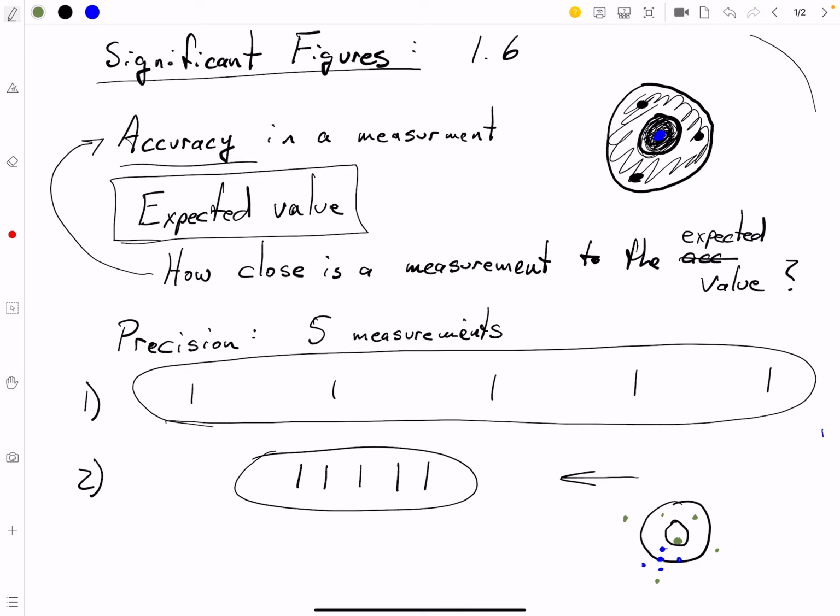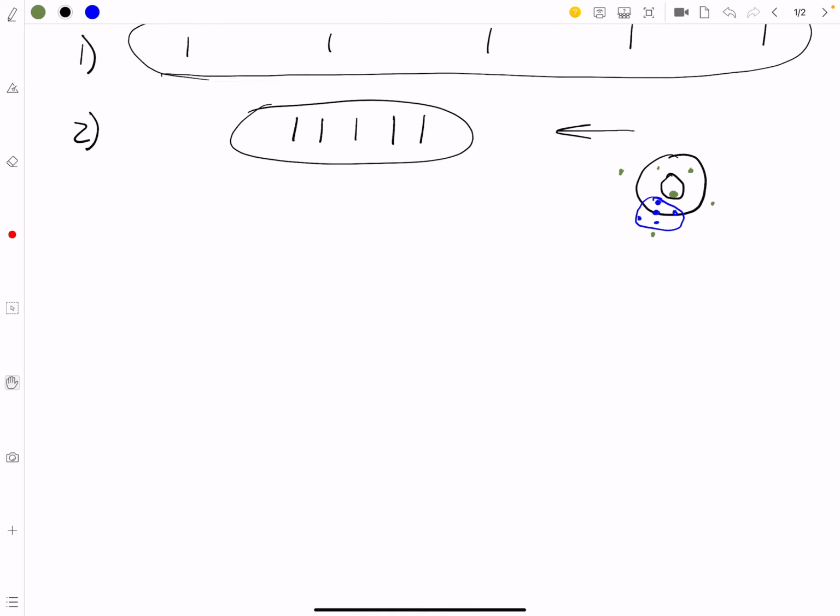And we know that this blue set does not average to be that good. So the green set is maybe more accurate. The blue set is less accurate, but more precise, okay? And so that is the difference between accuracy and precision. Basically, right there. So here we are more accurate, here we are more precise. Green more accurate, blue more precise.